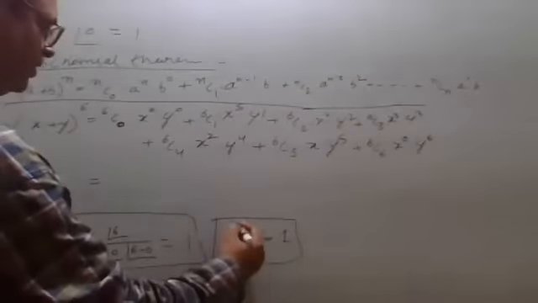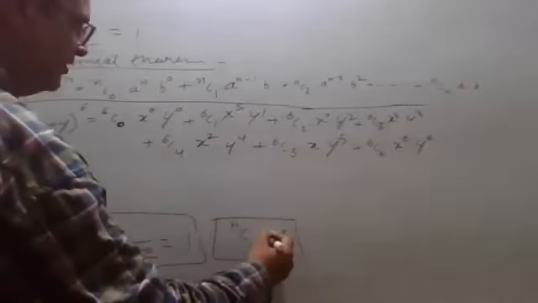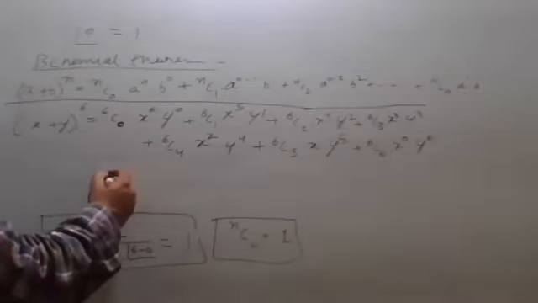When the suffix is n, the prefix is 0. So 1 into x to the power 6, and the value of y to the power 0 is also 1. So the first term is x to the power 6.